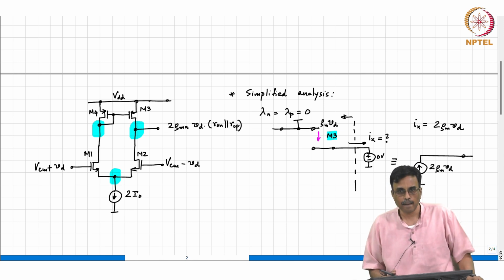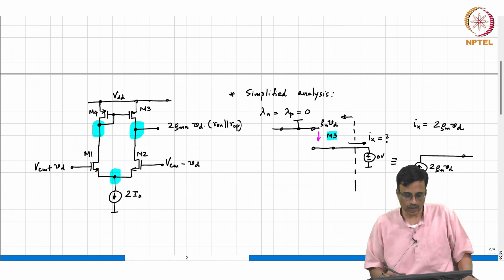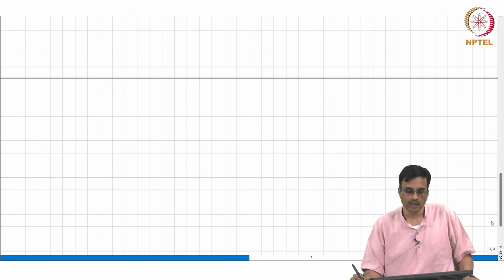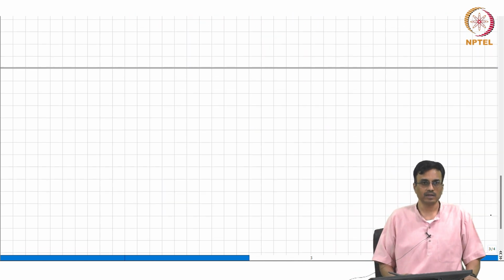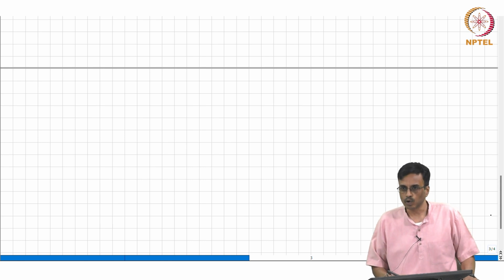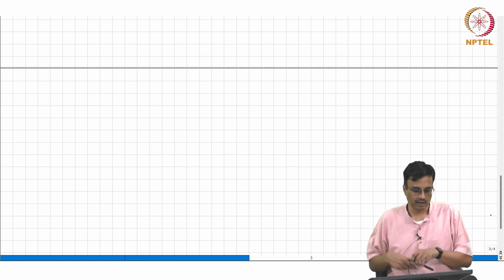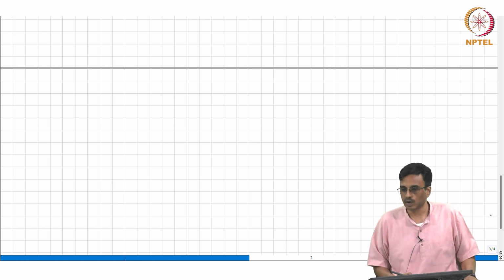Does it make sense? Okay. So that basically covers the differential pair with active load, right. That finishes the discussion on the small signal properties of the differential pair.